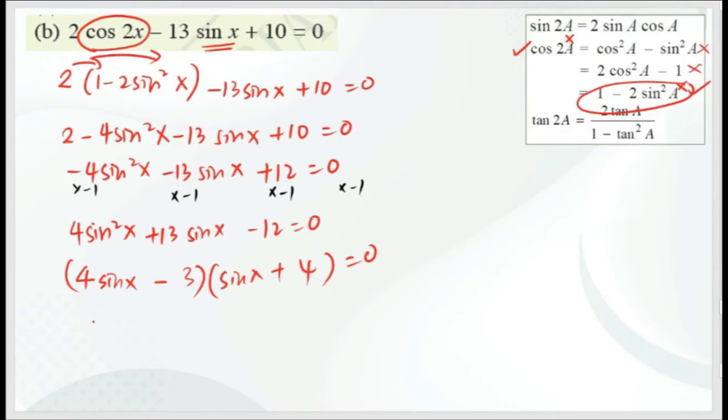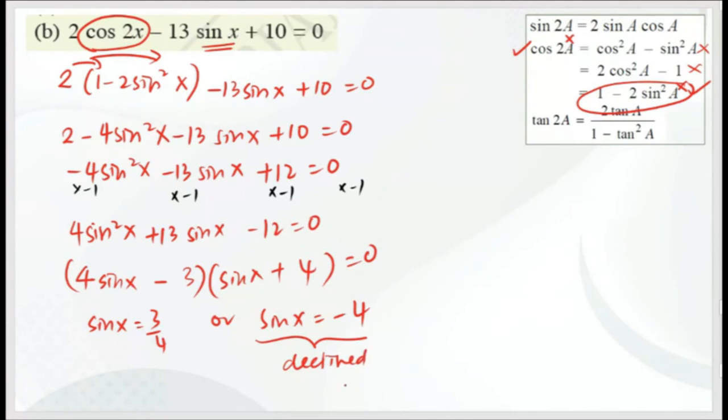Okay, so you get sine x equal to 3 over 4 or sine x equal to negative 4. Then sine x equal to negative 4 we decline. Why?